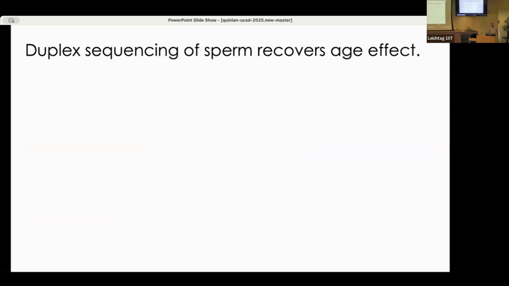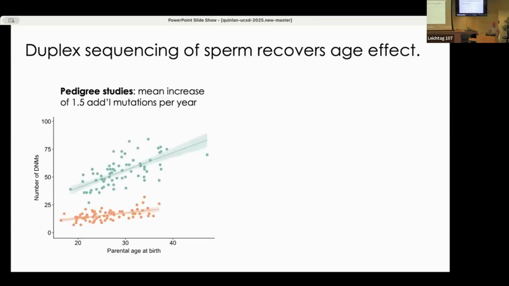Okay, so I think this is the first data slide of my whole talk. I'm sorry it's taken me 32 minutes to get there, but here we are. This is a result from a paper we published 6 or 7 years ago, showing something that many of you appreciate, which is that for both sperm and egg, the number of mutations observed increases as a function of the age of the parent.